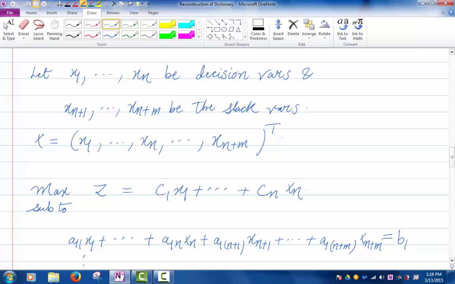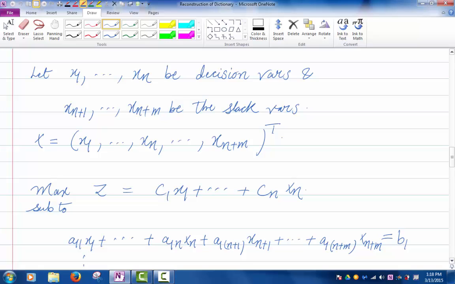So I am denoting the slack variables by xn+1 up to xn+m, and the decisions are x1 through xn, and I'm going to call x the vector of all these variables.